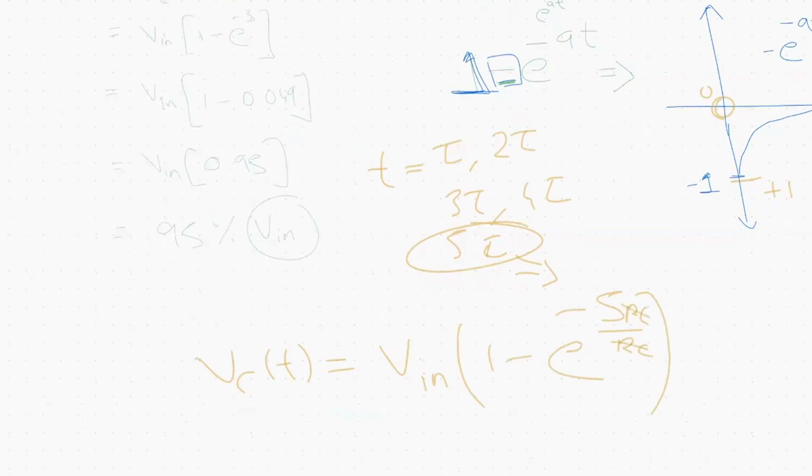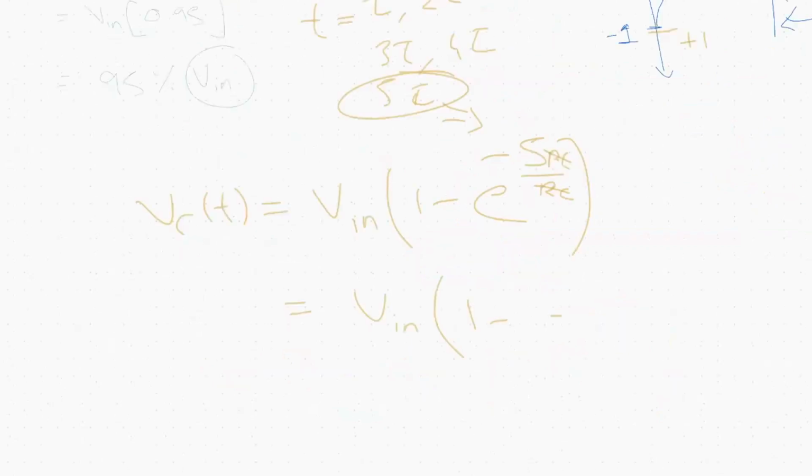What is e to the power minus 5? It is 0.0068.